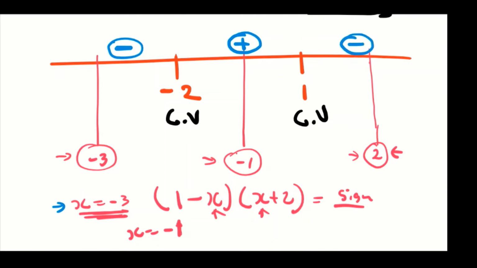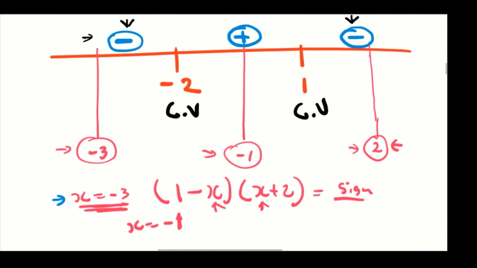We are mostly interested in negative solutions, remember, because our inequality sign is less than 0. So as you can see, this is where you get negative solutions of y. In this case, the first solution is x less than minus 2, and the second solution is x greater than 1.